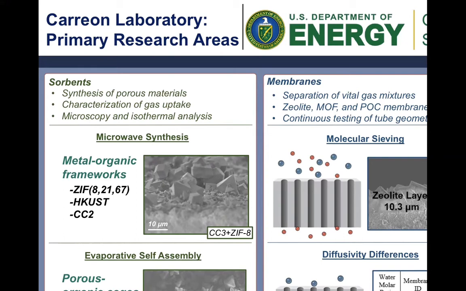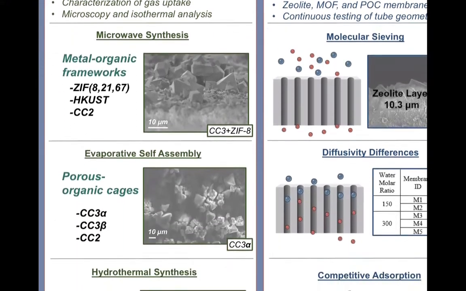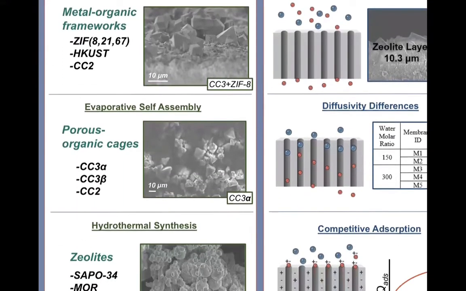So another example of material that we synthesize in our lab are metal organic frameworks. And so these include things like HKUST, which is really well known in the literature, and other types of metal organic frameworks like ZIFs. Another synthesis route that we've reported in our lab is evaporative self-assembly.